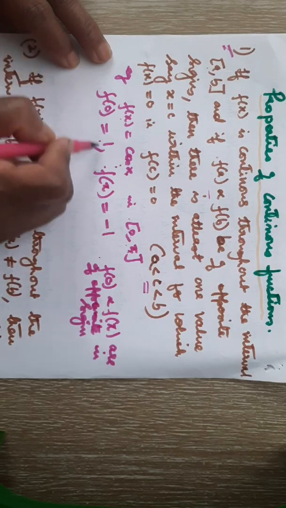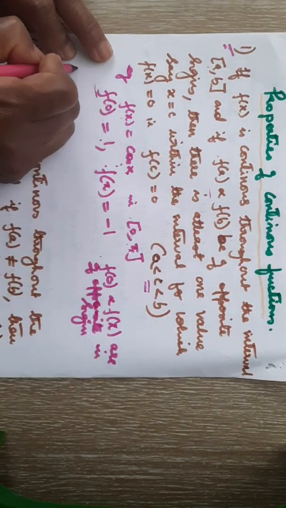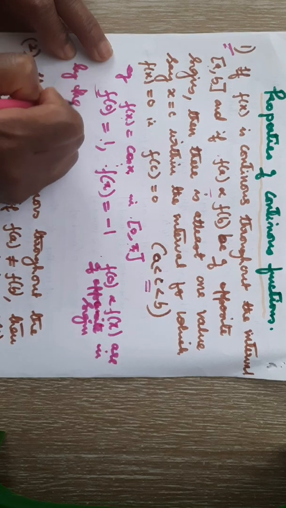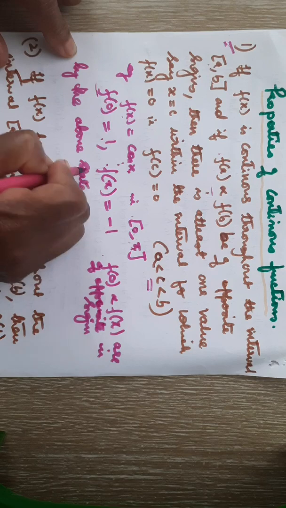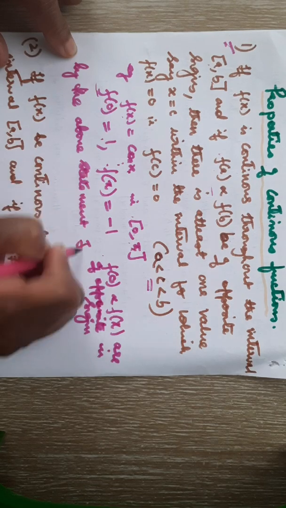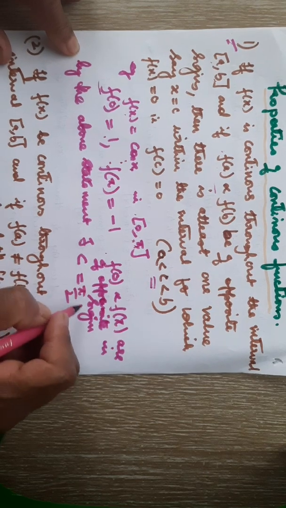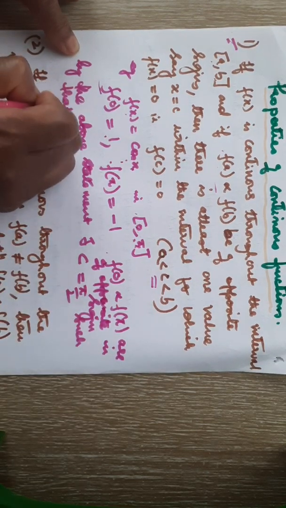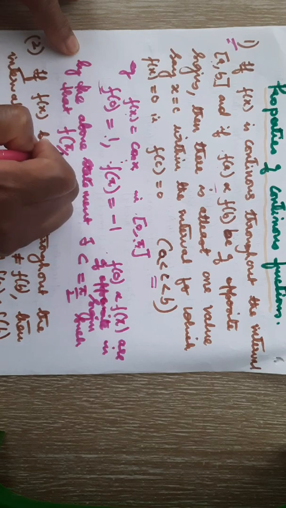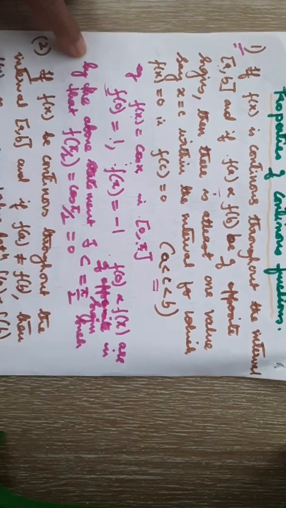So by the above theorem, there exists c, in this case pi by 2, such that f(pi by 2) is equal to cos(pi by 2), which is equal to 0.